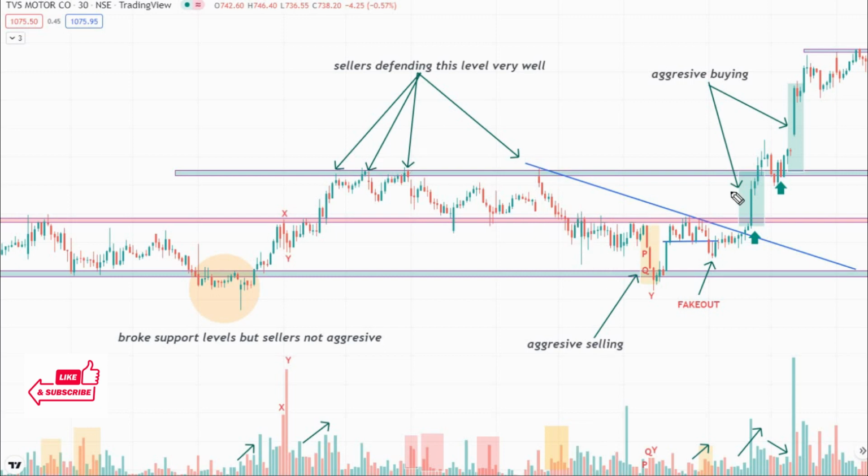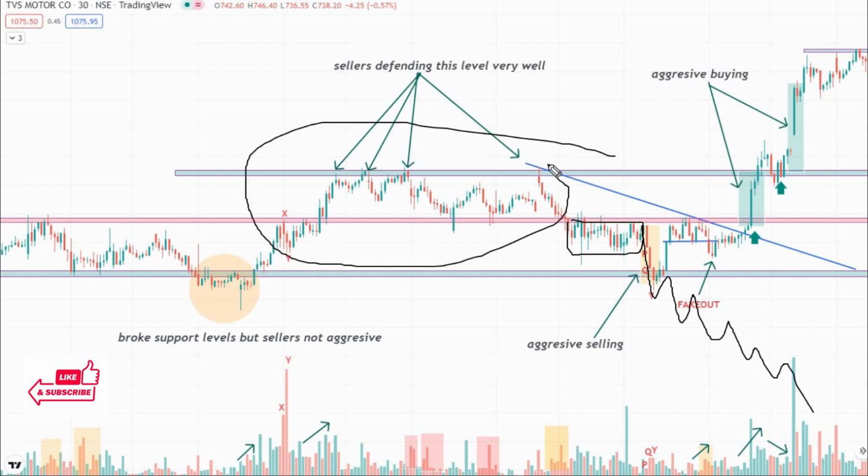So the expectation was that after this consolidation phase, prices should have continued the downward momentum, because this price behavior analysis was suggesting that prices could potentially move towards the downside, because selling pressure is very strong and buyers are losing momentum in this market.